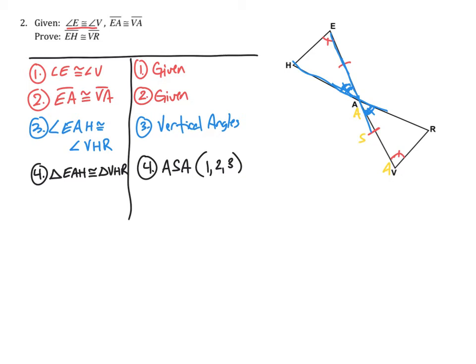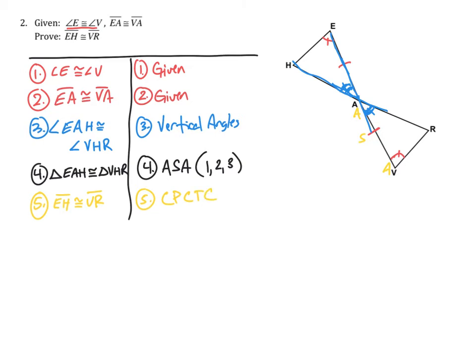And then from that, I can say, because I have congruent triangles, then EH is congruent to VR.